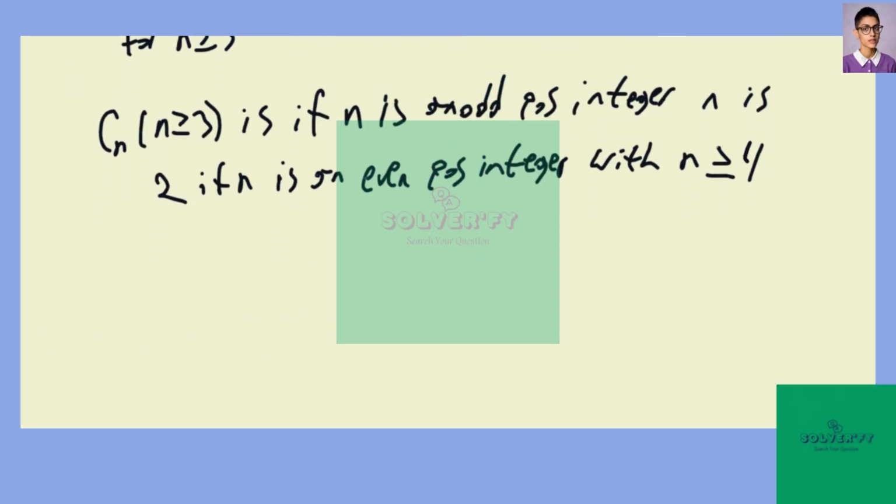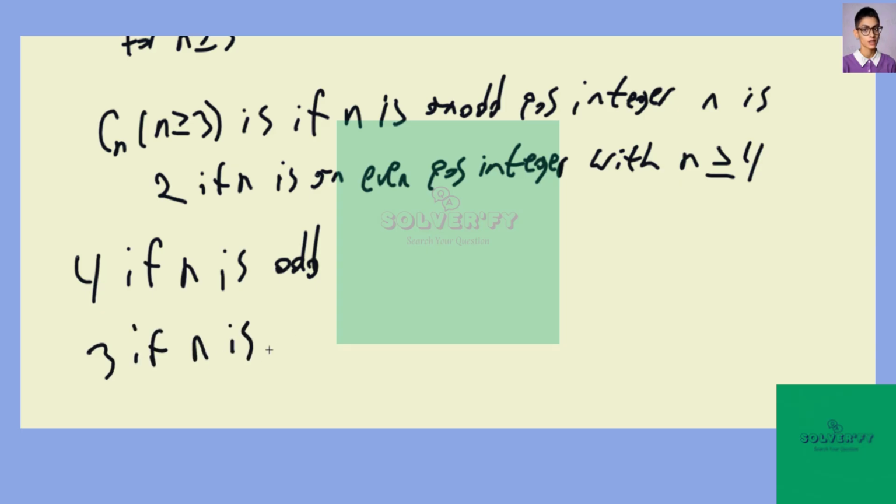So the answer here is 4 if n is odd, and is 3 if n is even.